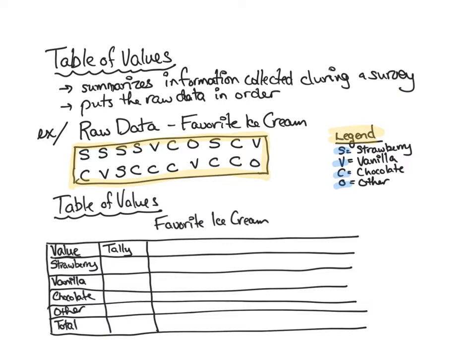For example, if I was going to do strawberry, I might go 1, 2, 3, 4, 5. I might lose count. But if I just went 1, 2, 3, 4, 5, 6, it would be easier. Instead of crossing it out in the data, I can take that same concept and do it in the tally column.